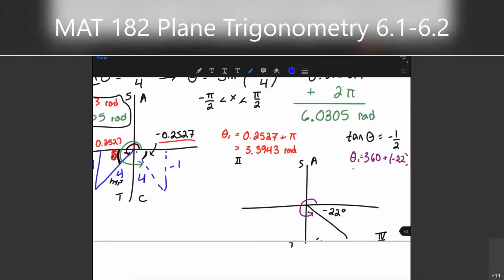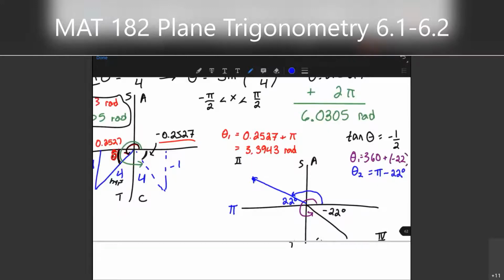And then to find theta2, that angle would have the same reference angle in the second quadrant. So that would have this 22-degree angle sitting right here. To solve for that angle in the second quadrant, we'd want to do pi minus that reference angle to get to the blue angle in the second quadrant.